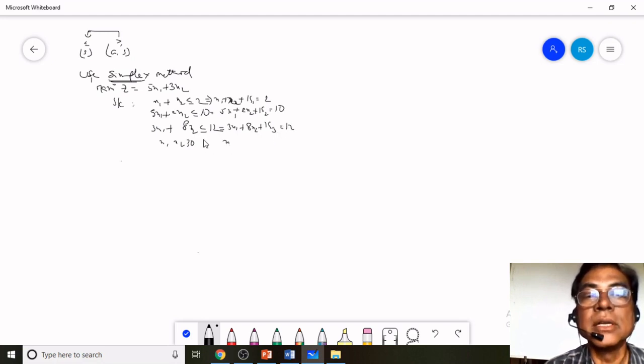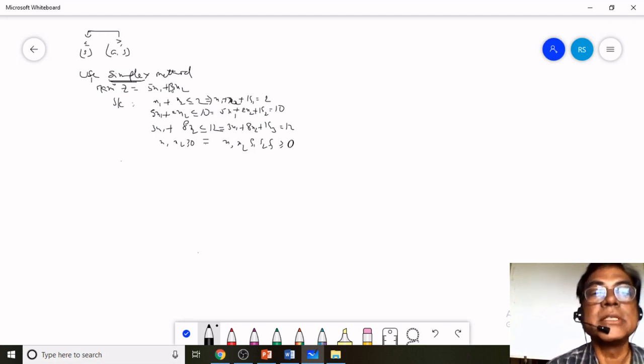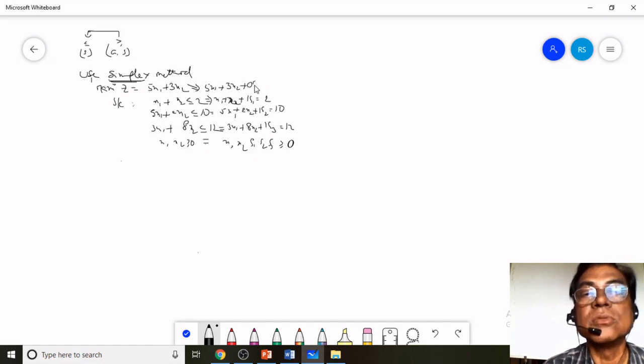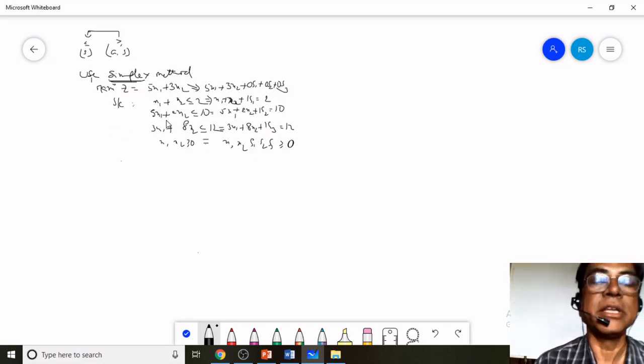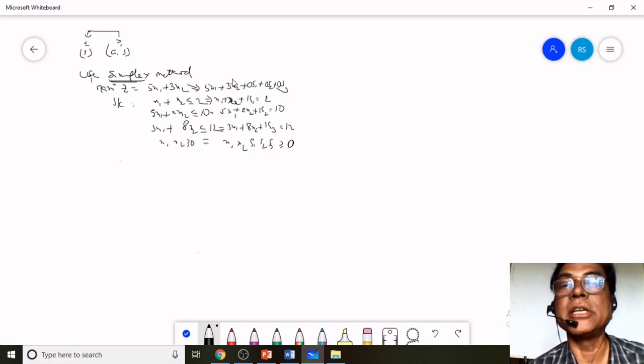Now x1, x2, s1, s2, s3 greater than or equal to 0. Please convert the objective function also. The objective function is 5x1 plus 3x2 plus 0s1 plus 0s2 plus 0s3. After converting the inequalities to equations, now enter into the tabular form.